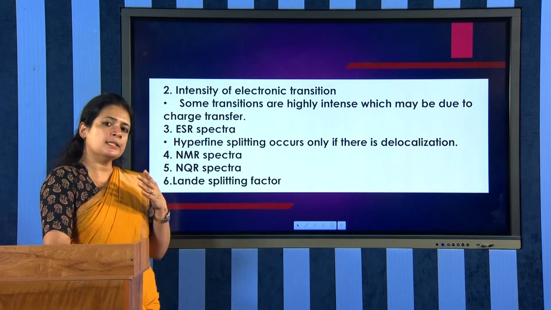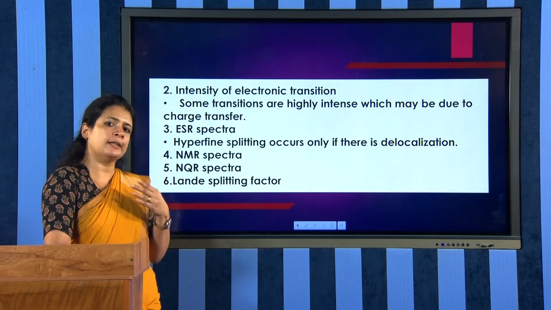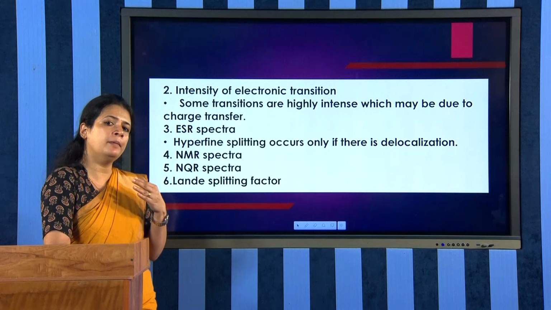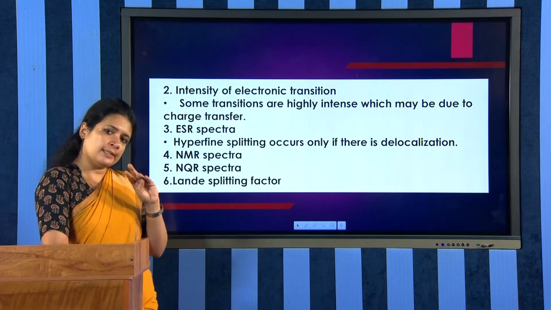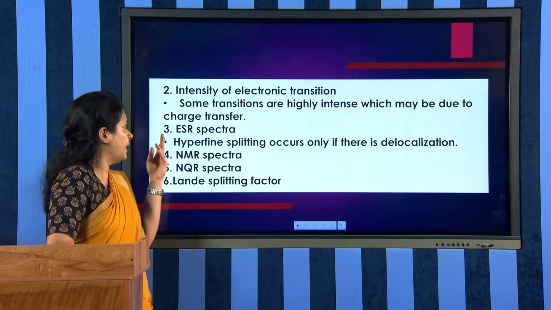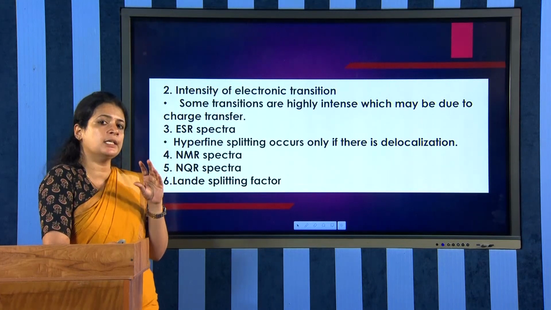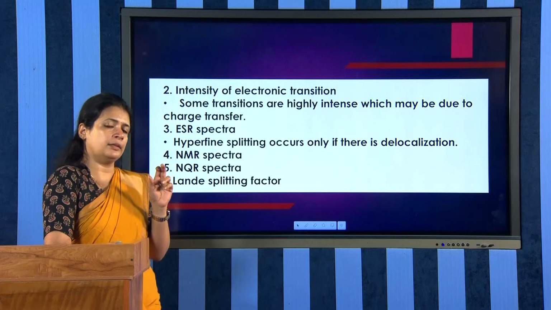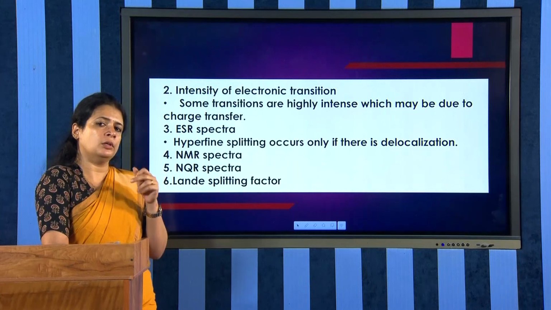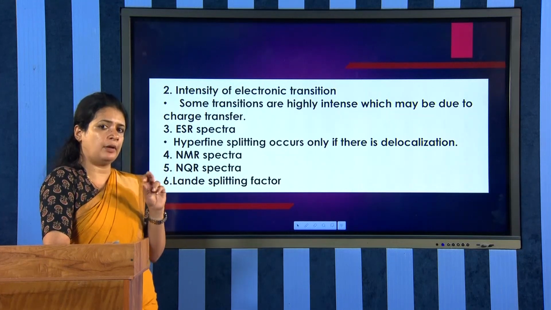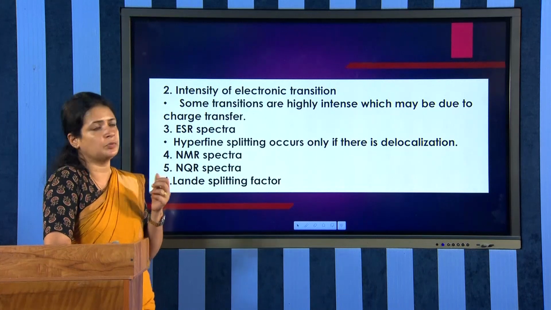The complexes which are not showing d-d transition, or which are not capable of d-d transition, still show colors. That is, they may have high intensity colors, and the occurrence of those colors was attributed to charge transfer transition.